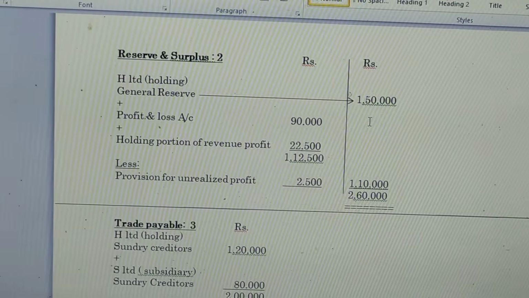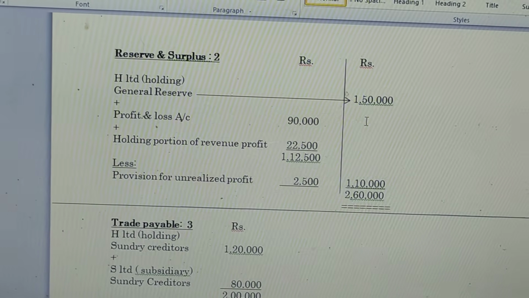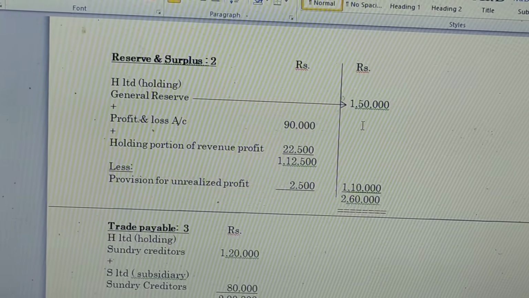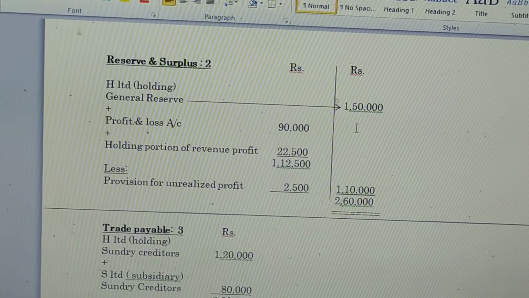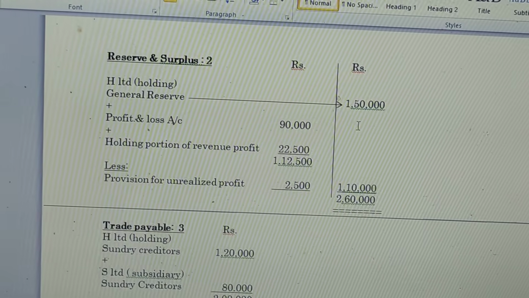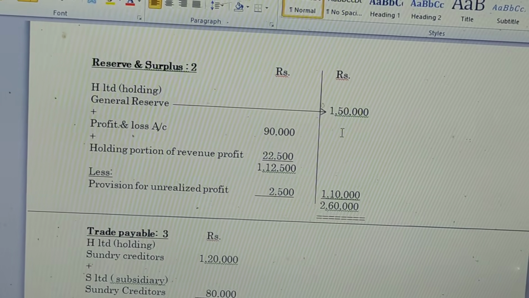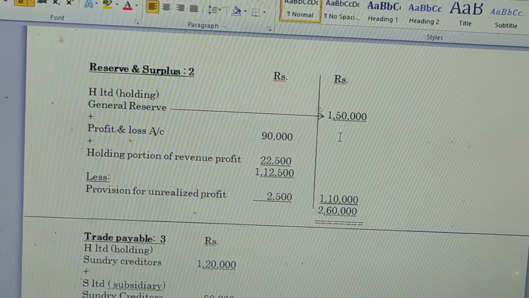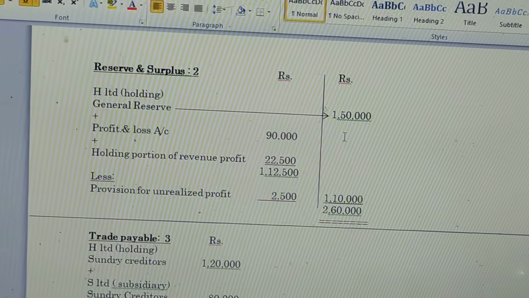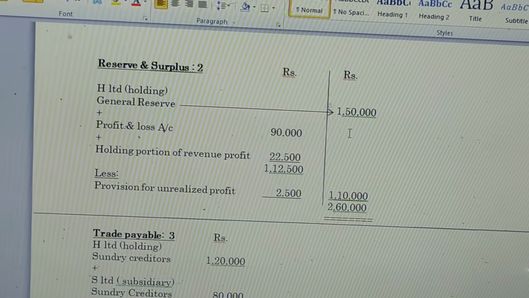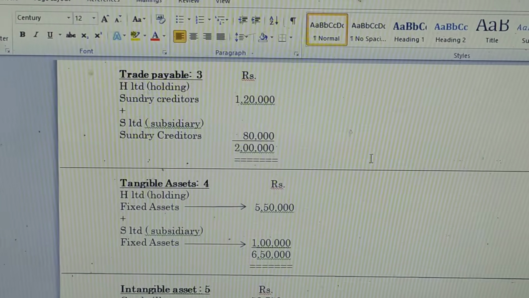That amount will be deducted from the above amount. So 1,12,500 minus 2,500, we get the remaining value of 1,10,000. That amount will be added with the above amount of the outer column. So the total is 1,50,000 plus 1,10,000. The total is 2,60,000.